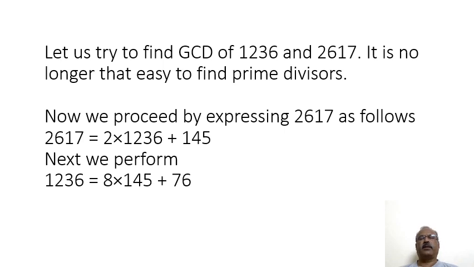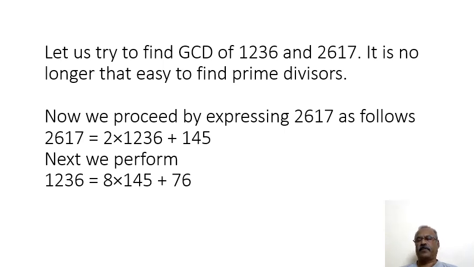What we have done essentially is we divided 2617 by 1236 and found its quotient and remainder, and expressed the number 2617 as the product of quotient and divisor plus remainder. So 2617 equals 2 times 1236 plus 145.